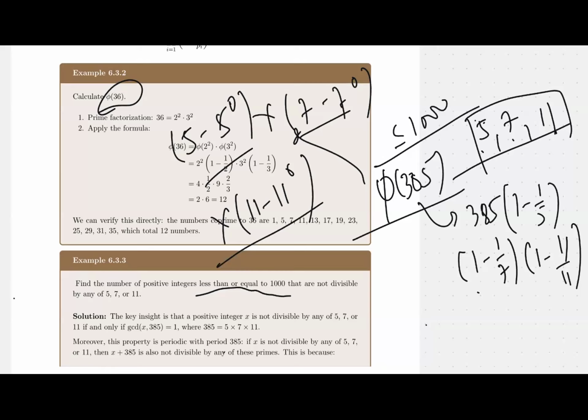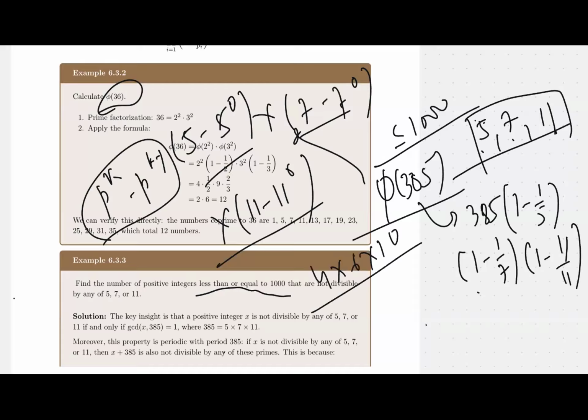Right? So this is 4, comma 6, comma 10, which is 240. Okay.